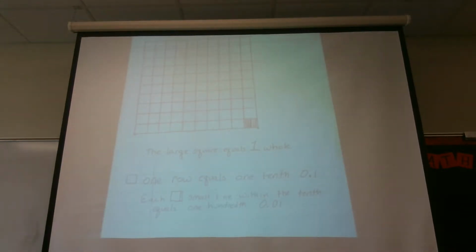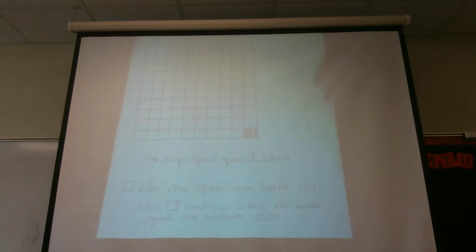This right here is one whole. Like question number 1 on that quiz, they had 3 of these one wholes. You learned that. That's why it says the large square equals one whole.